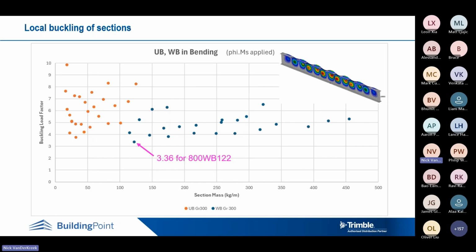All right, so UBs and WBs in bending. And just to illustrate the different sections, I've got the mass per metre along the bottom axis here. So we go from a 150 UB 14 up to a 610 UB 125. These are the orange dots here for universal beams. And we see in bending the lowest buckling load factor for local buckling is about 3.7 or so, and we're averaging about 6, I guess.